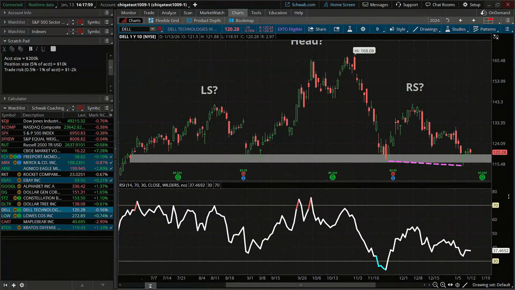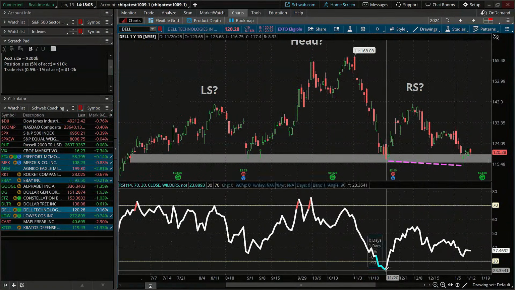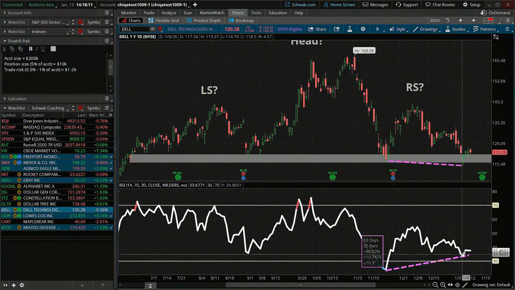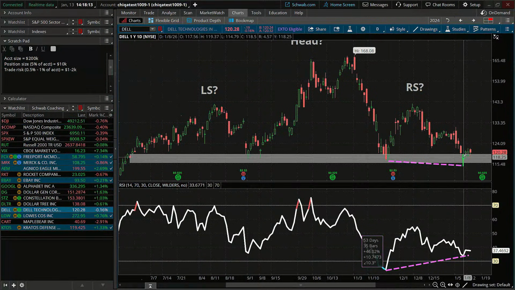But what do we see on the RSI here in this case? We can actually connect the lows in the RSI that are below the 30 level and connect them with the most recent lows that we saw on that same day that price made that lower low.